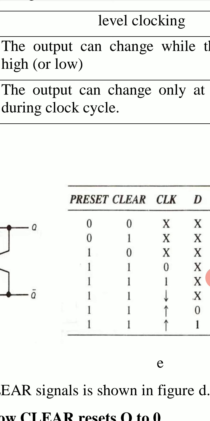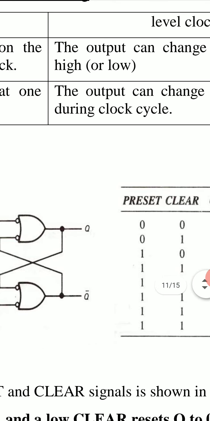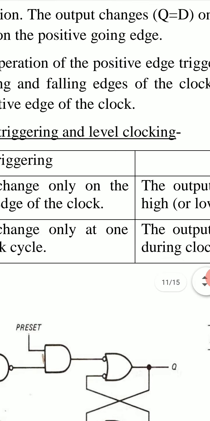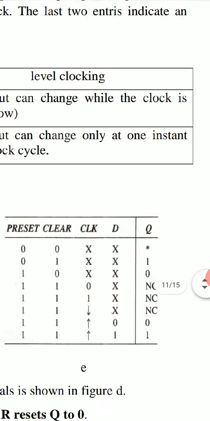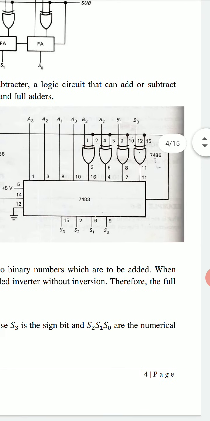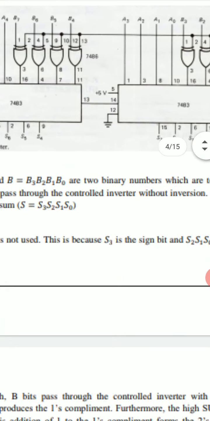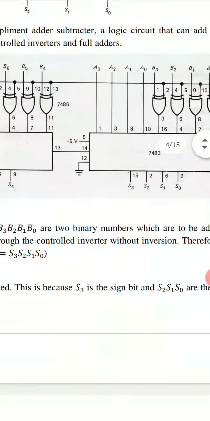Here it is written that the output can change only at one instant during clock cycle. It is for edge triggering. For level clocking, the output can change for a complete half cycle of clock signal, either it is positive half cycle or it is negative half cycle.